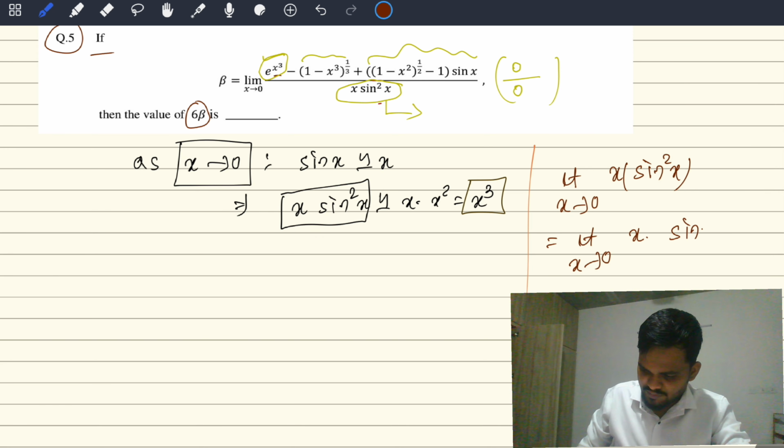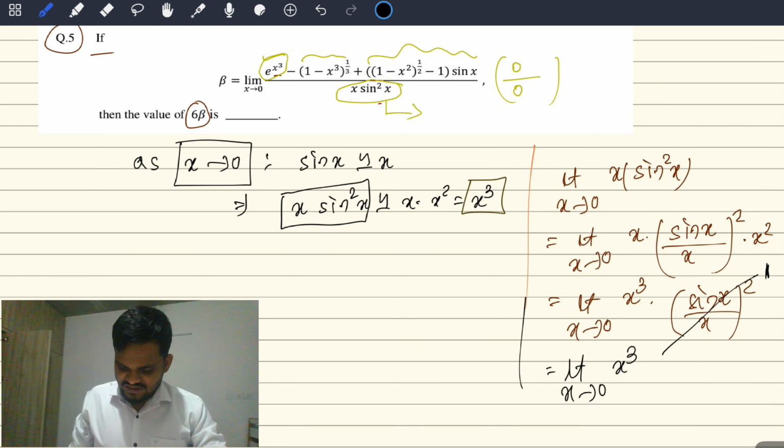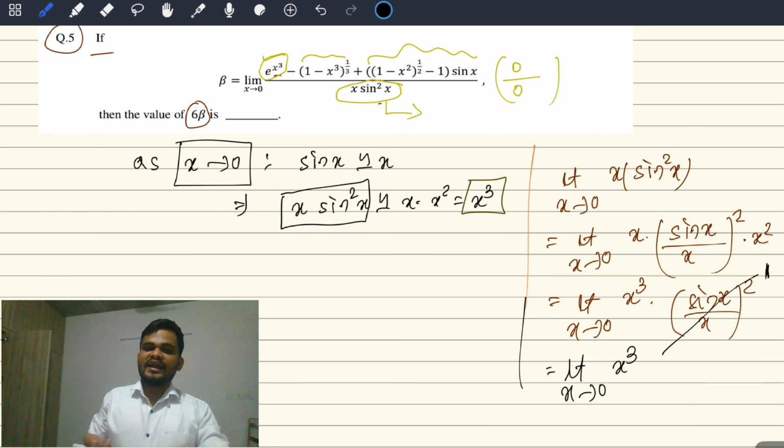So this is limit x tends to 0 of x square into x, which becomes x cube, times (sin x by x) whole square. We know this last limit tends to 1, so the expression is nothing but limit x tends to 0 of x cube. That means as x tends to 0, x sin square x behaves similar to x cube. Okay, this is the meaning.